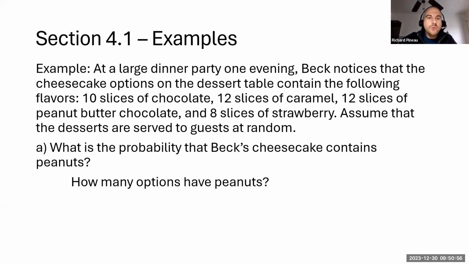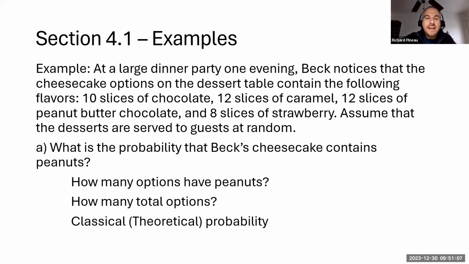Okay, so first thing we have to figure out is how many options have peanuts, okay? And then the second thing we have to figure out is how many total options are there? In other words, how many cheesecakes are sitting on that dessert table? And this is actually a classical probability because it's going to be the number of outcomes in the event, which is the number that have peanuts, over the total number in the sample space, okay?